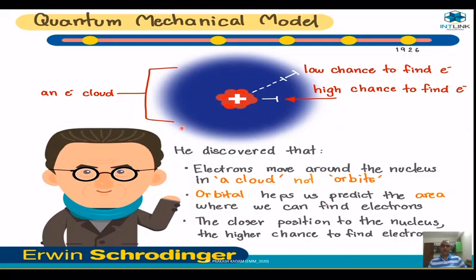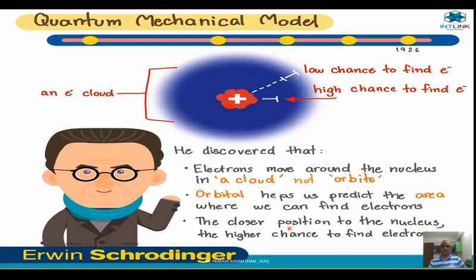After a lot of research, he discovered that electrons move around the nucleus in a cloud, not in orbits. It is called orbitals, which help us to predict the area where we can find the electrons. What are the orbitals? He suggested it.